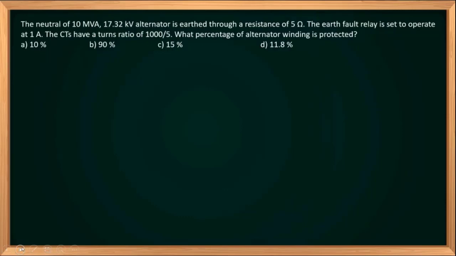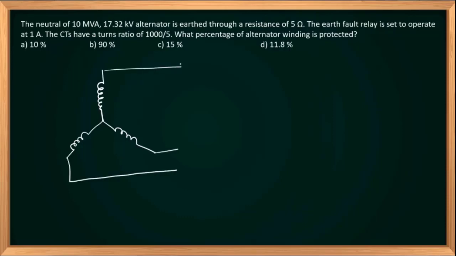Okay, so if you are trying to draw this figure, Figure വരയ്ക്കുമ്പോൾ the three-phase alternator can be drawn like this. Right. And the neutral is grounded through a resistance.